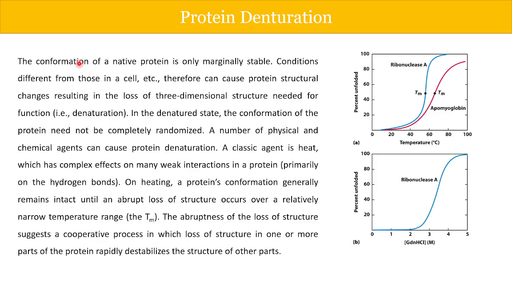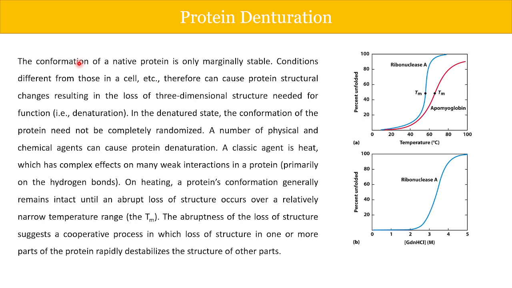Now, the conformation of a native protein is marginally stable. There are several different conditions in the cell that can cause protein structural changes as well as loss in the structure. The loss in the structure of a protein is what we know as protein denaturation. So denaturation means the protein is opening up.